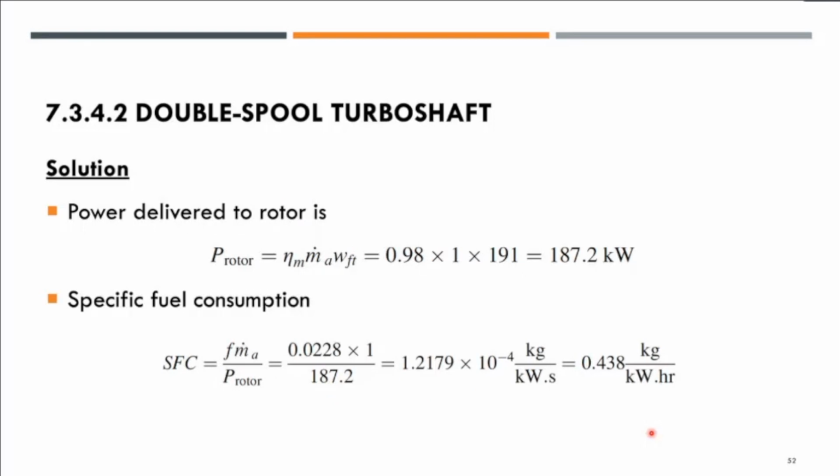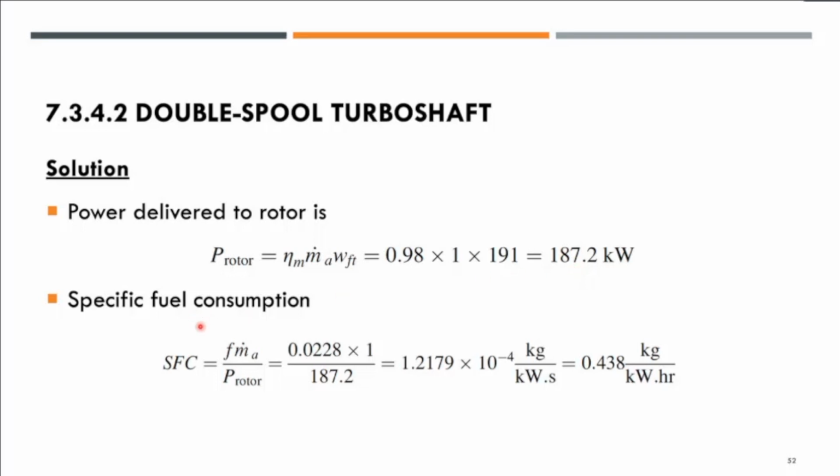Finally, with regard to the power delivered to the rotor, you have the element of mechanical efficiency over there. You put all the numbers in, and you get the power delivered to the rotor, or the helicopter blades, equal to 187.2 kilowatt.